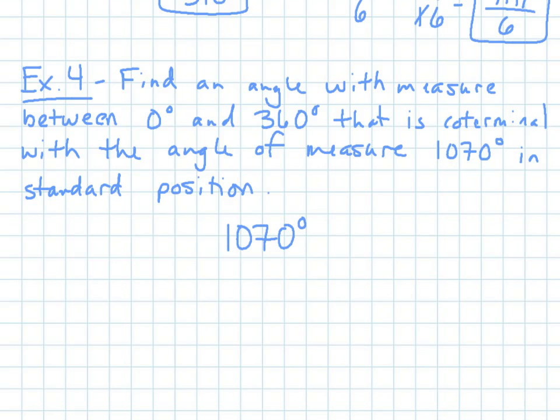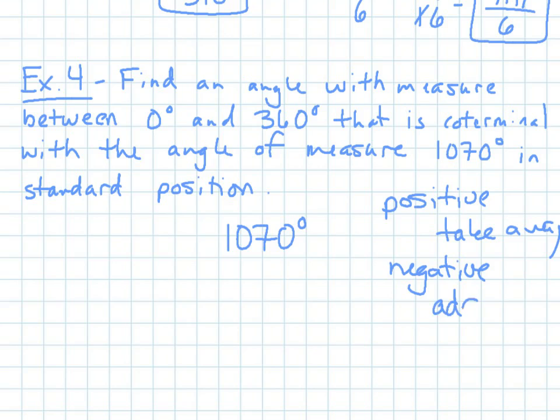Now if it's a negative number, that means you are in the negative position, so you need to add on rotations around the circle to make it a greater number.